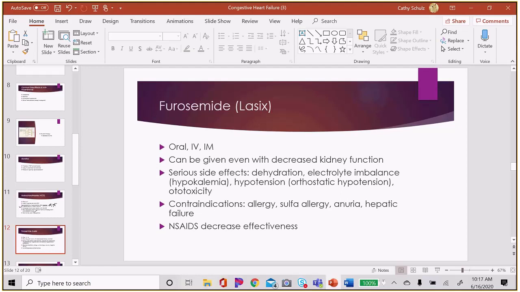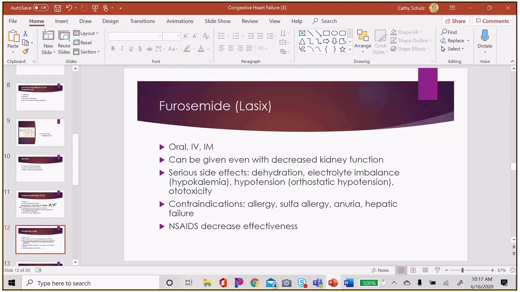So it's really kind of nice for the kidneys. It's much, much more effective than hydrochlorothiazide. So the things that we talked about with hydrochlorothiazide, the low potassium, low sodium, and dehydration are even more something that we have to worry about with furosemide.